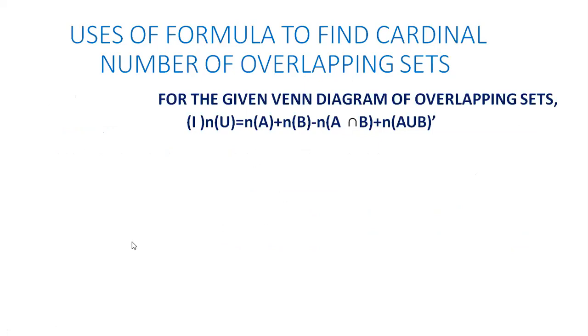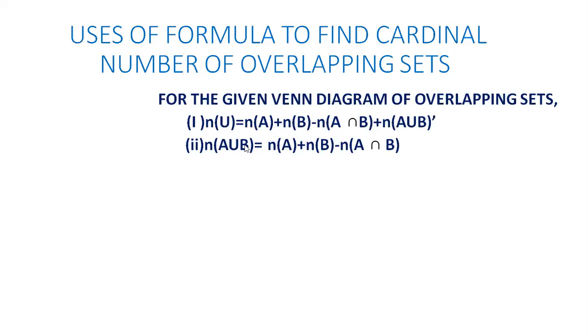If two sets are overlapping sets, what will be its formula? Okay, children, look here. Please note it down also. n(U) means what? Look here. n(U) means n(A) plus n(B) minus n(A intersection B) plus n(A union B complement).